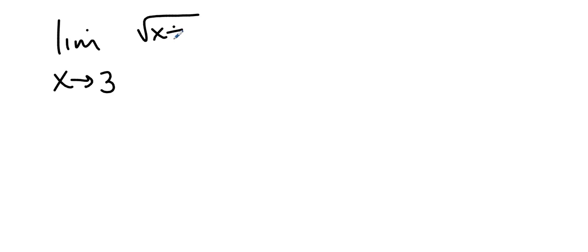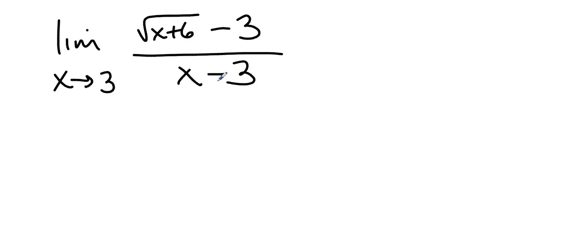In a similar vein, what happens if we're trying to find the limit of the square root of x plus 6 minus 3 over x minus 3 as x approaches 3? A couple of things.